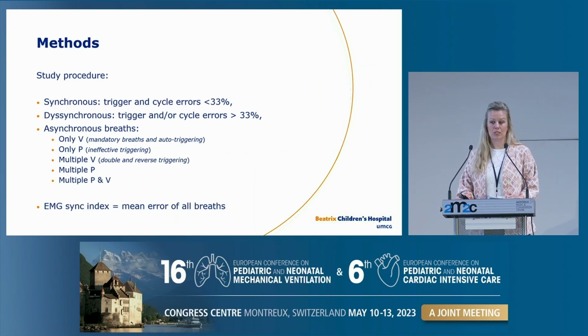Breaths were defined as synchronous when the trigger and cycle errors were below 33%. They were defined as dyssynchronous when the trigger and/or the cycle error was above 33%, and breaths were defined as asynchronous when there was no relation between the inspiration of the patient and the ventilatory pressurization.